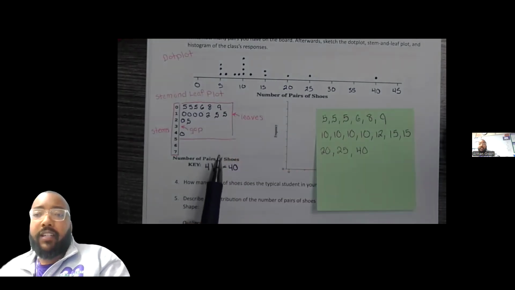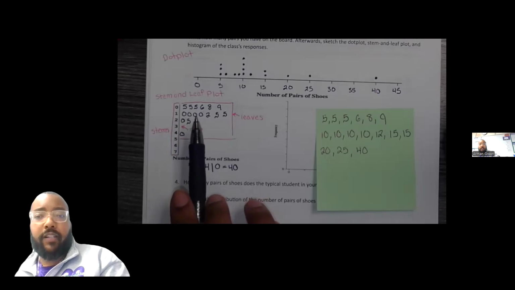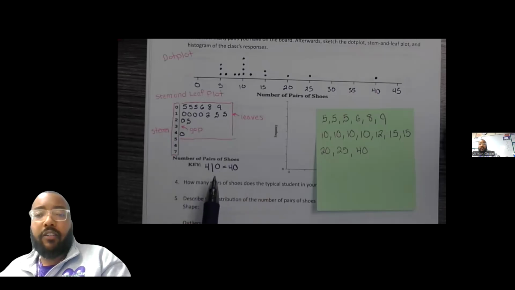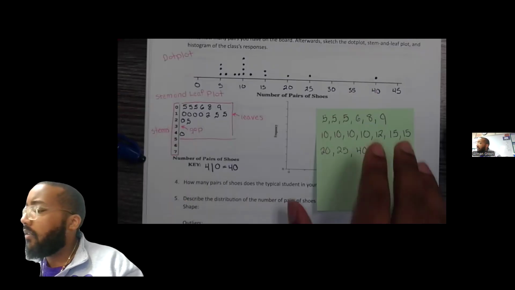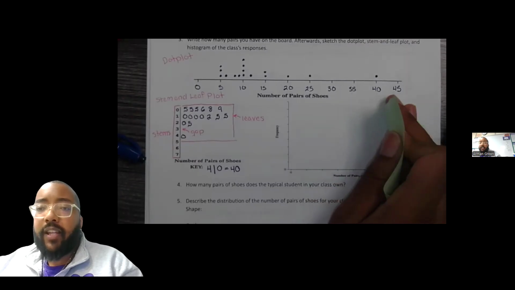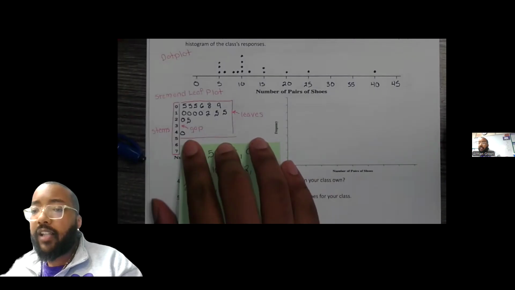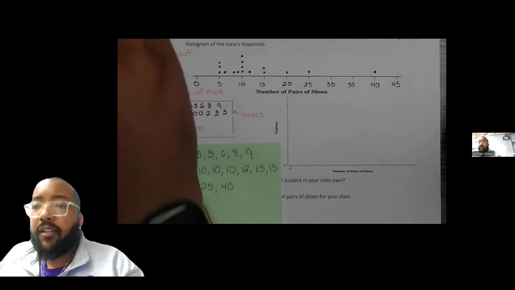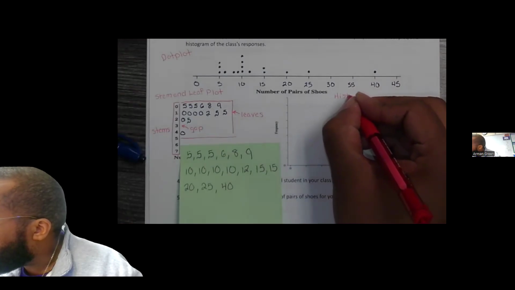So for a key, you only have to do this once where you're just showing an example of what one of these numbers represents. So you don't have to do it multiple times. Okay, so that's the second way that we can look at visualizing quantitative data. The last way that we can look at visualizing this is using something that is called a histogram.